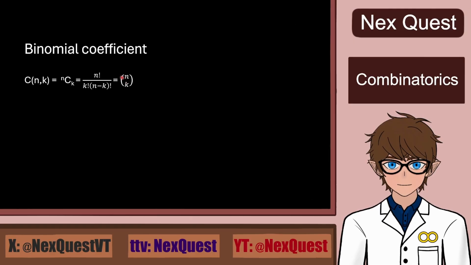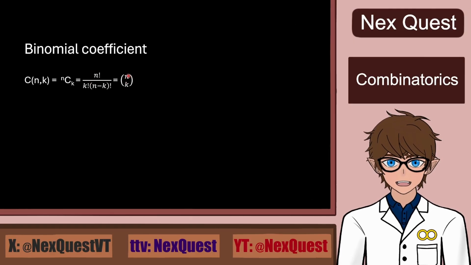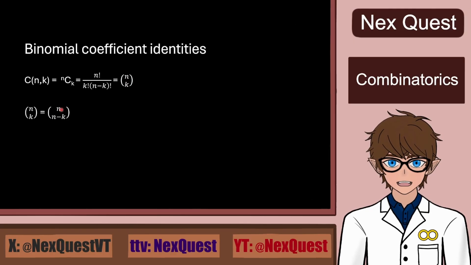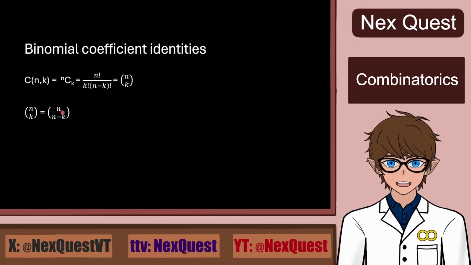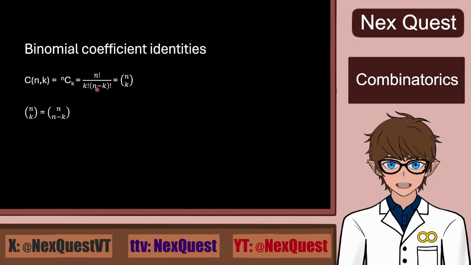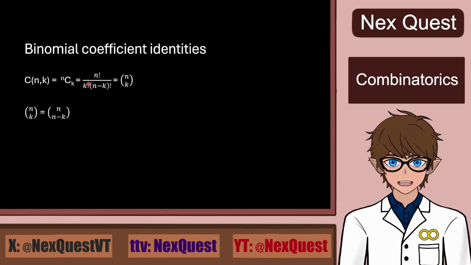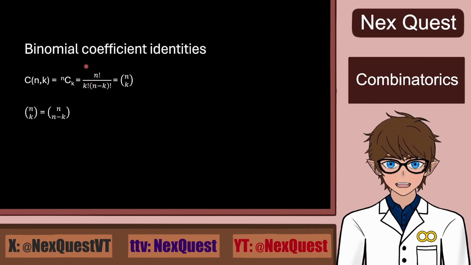So from this formula and this notation, we can derive a couple of properties. The first identity, or the property or the rule, is logical from the formula, since the denominator in the formula contains two numbers that sum up to the number in the numerator.